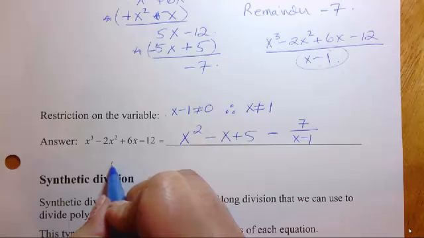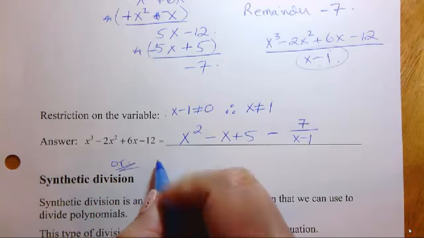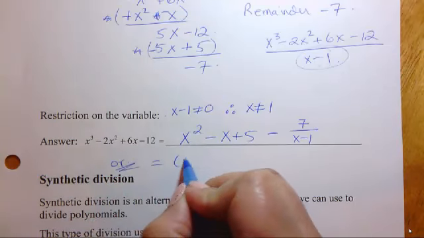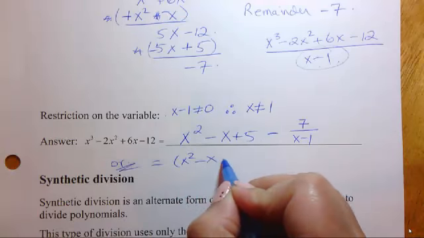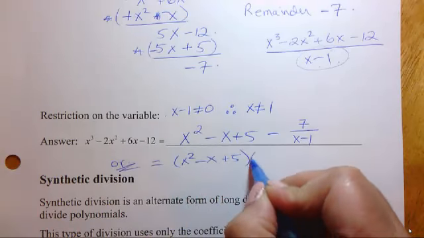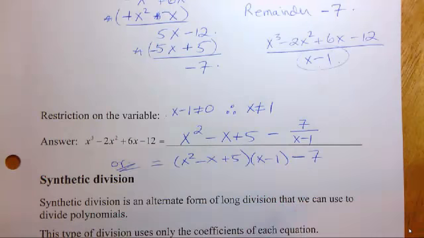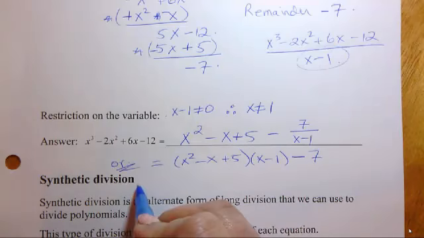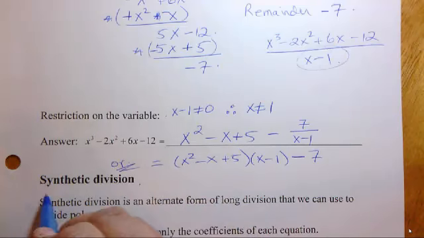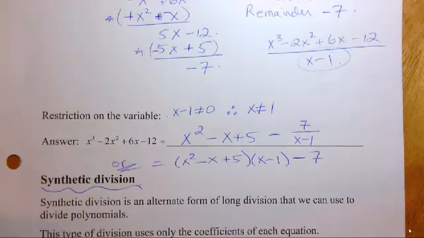You could also write it with your quotient, your answer, times your divisor, and add on your remainder. Synthetic division I'm going to do in the next video along with the remainder theorem.